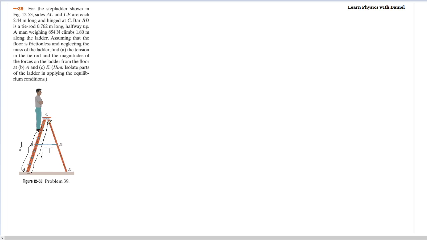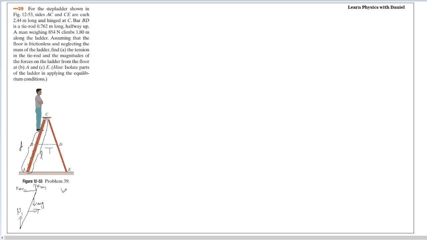Although in this question, let's draw free body diagrams for the two sides of the ladder because they give us the hint too. So let's draw them down here to save space. So we have the left side, which has a hinge force in the x direction, a hinge force in the y direction, and it has the guy's weight on it, mg, a tension force T, and a normal force N1.